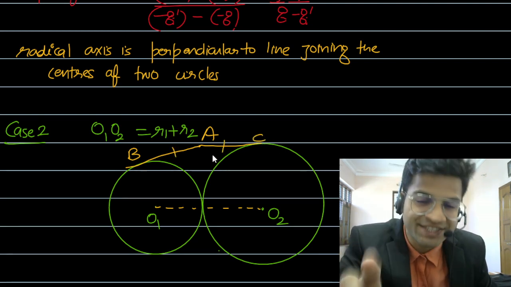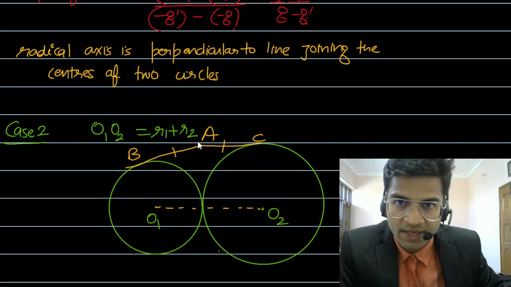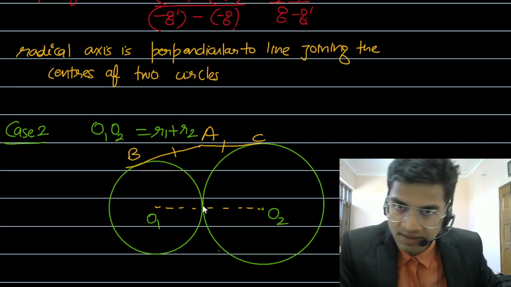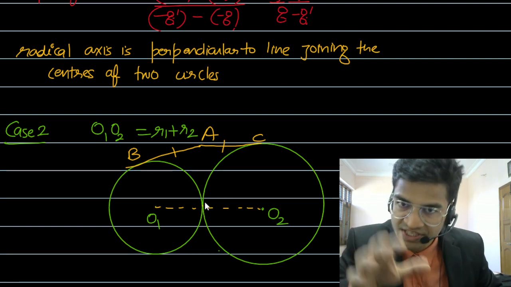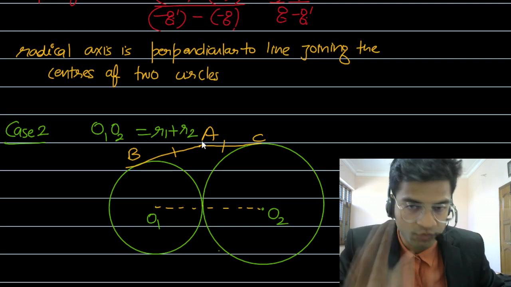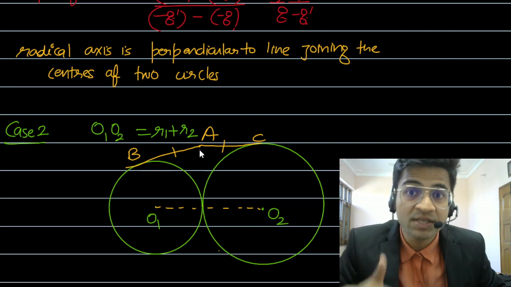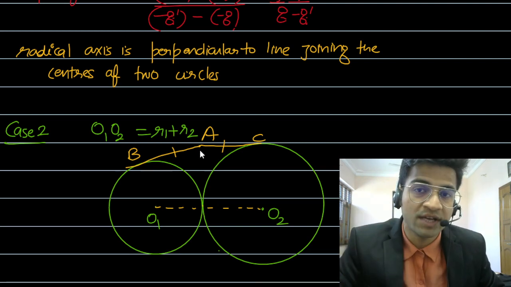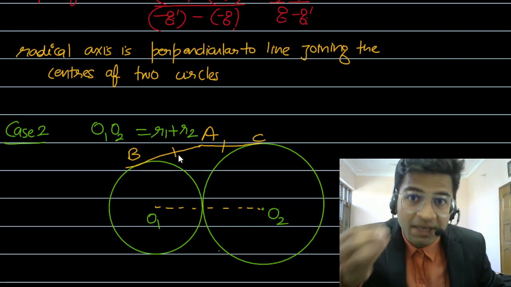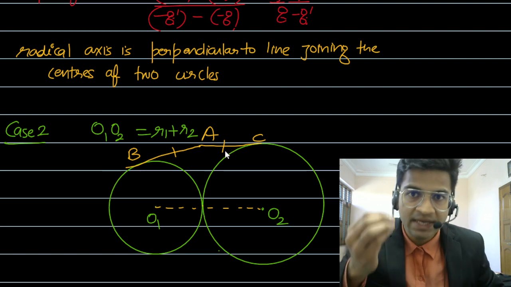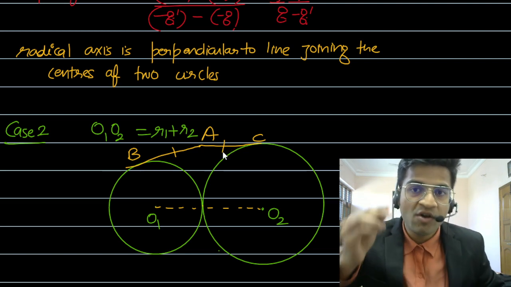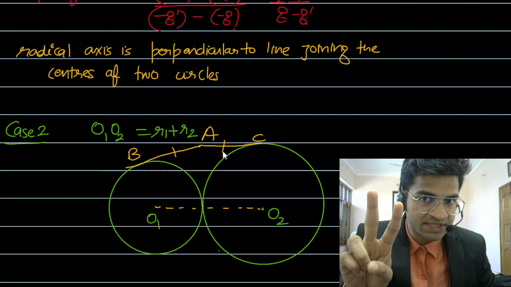Also, interestingly, if I draw a tangent from A to let us say this point P, which is the common point of both circles, what should be true over here is that this AB and AC are equal. From A, I can draw two tangents. Fine.